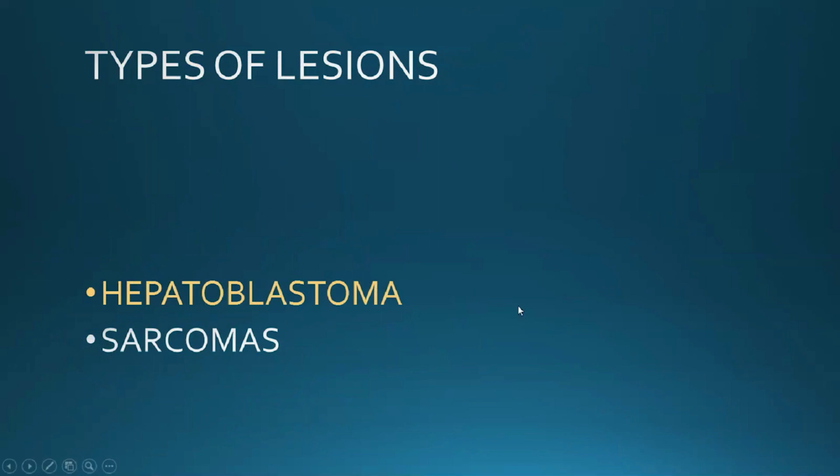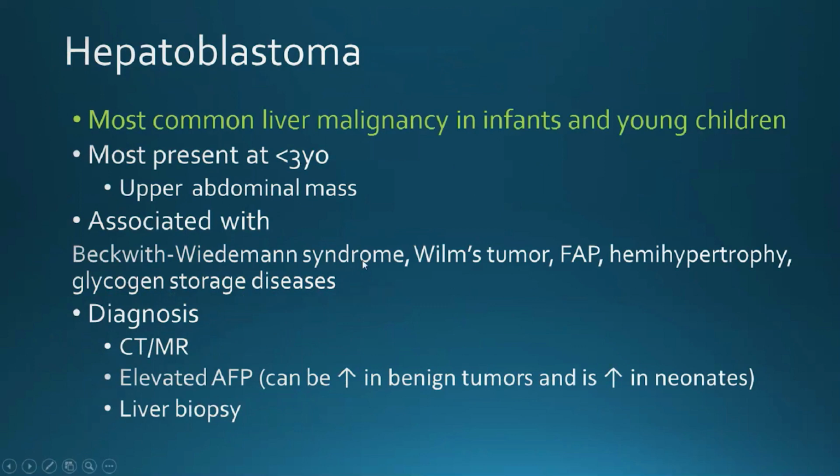Unlike all the tumors that we discussed, this is a tumor of the very earliest ages of life, which mostly happens in children less than 3 years of age, and usually presents with an upper abdominal mass, and is associated with several syndromes that pediatric patients may present with.